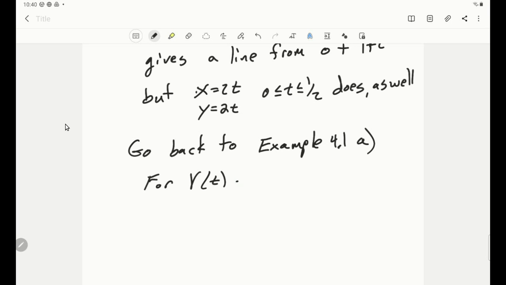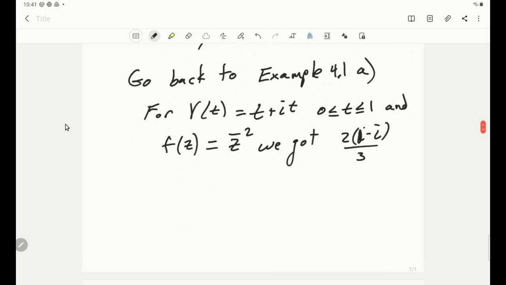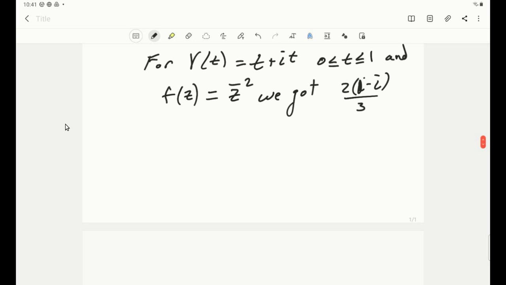That gamma of t is equal to t plus it, 0 less than or equal to t less than or equal to 1, and f of z equals z bar squared. We got an answer of 2 times 1 minus I over 3. Okay, so we got that for the first one, the path we already knew.